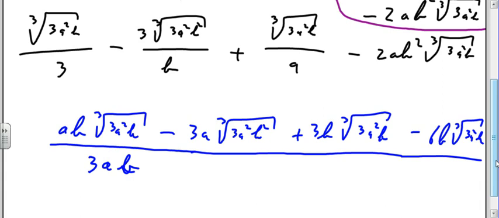Okay, so I've got, oh, there's a 3a squared b, here's a 3a squared b, there's a 3a squared b, and that guy there doesn't count.